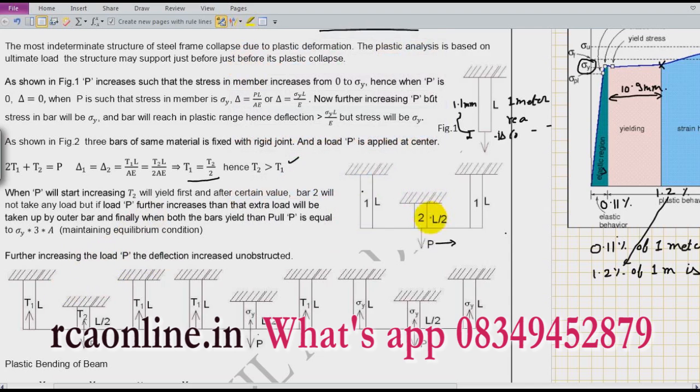Okay, so if I have P and I keep on increasing P, and I have already proved that T2 is greater than T1. Is it okay? But let us say this is P1, this is P2, and this is P3. So when P is equal to P1, what is happening?